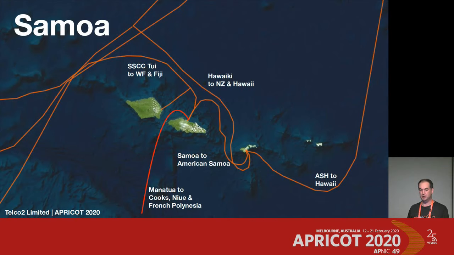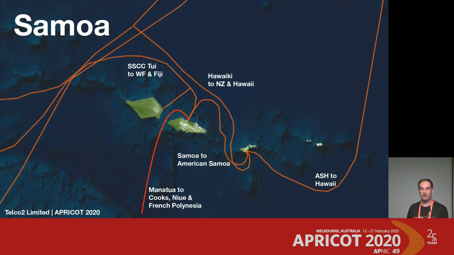They are at the moment connected to Fiji with some branches to Wallis and Futuna on a new submarine cable called the TUI cable, which has been in service for a year, maybe a year and a half. They have a piece of unrepeated dark fiber between American Samoa and Samoa called the SAS cable that backs up an old cable called ASH.